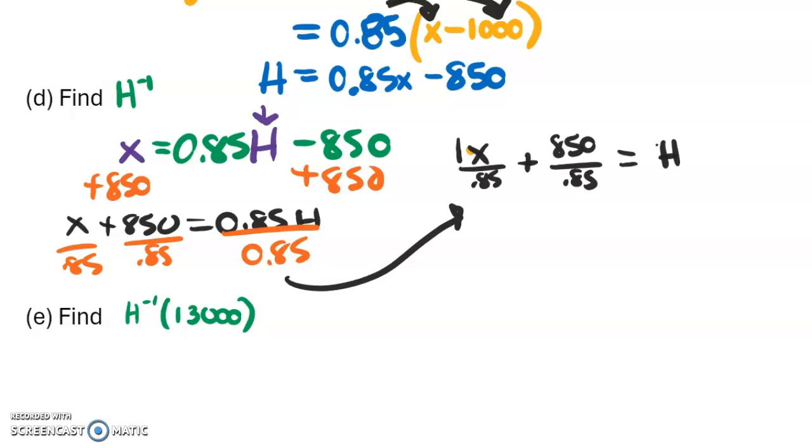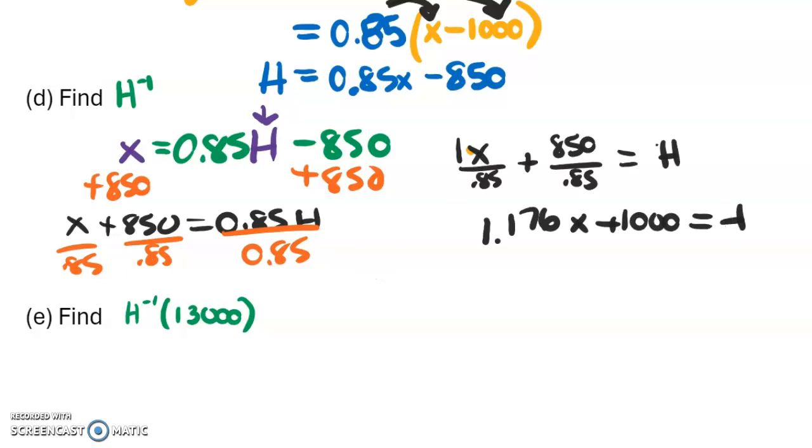If I round that 1 divided by 0.85, I get 1.176, rounding it to 3 decimal places. 850 divided by 0.85 works out to be 1,000. That is equal to H. And then I'm just going to swap the sides.